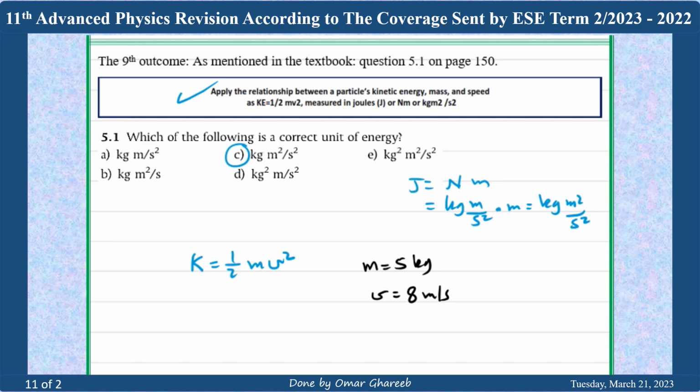What is the kinetic energy? The kinetic energy is 1/2, m is 5, v is 8, then squared. So the answer would be, yes, you are correct, 160 joules. That's it.